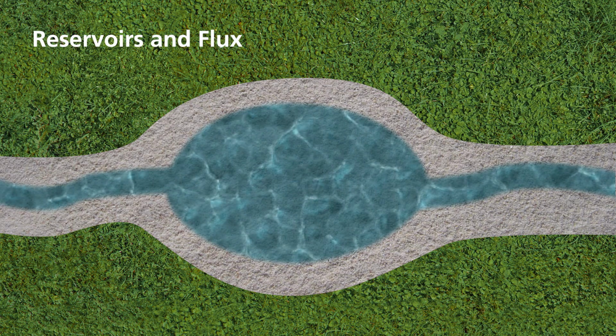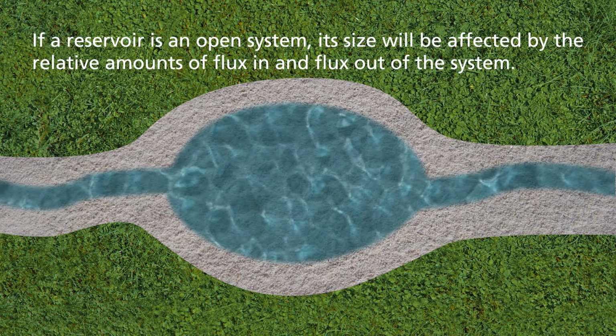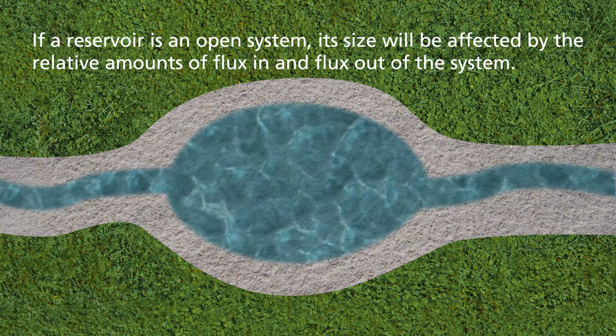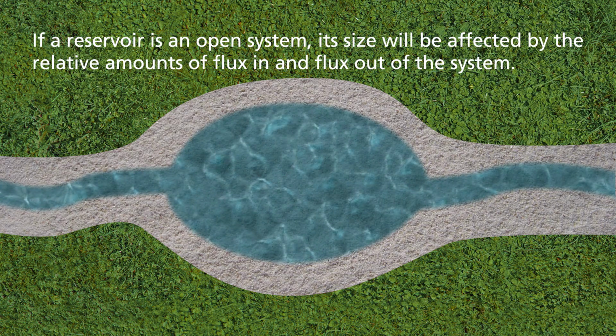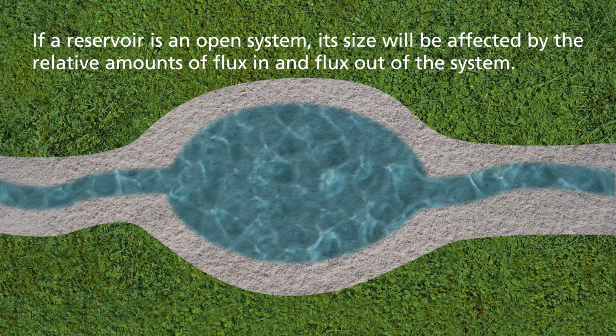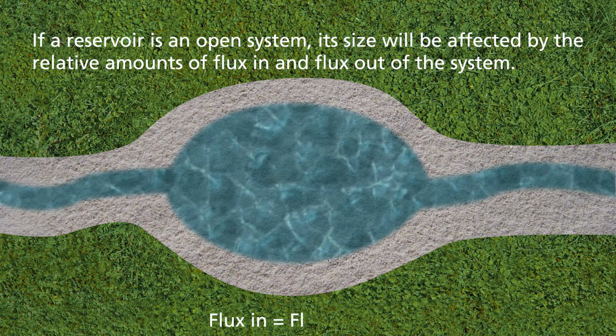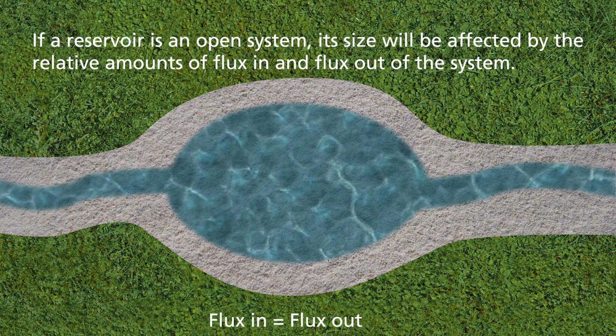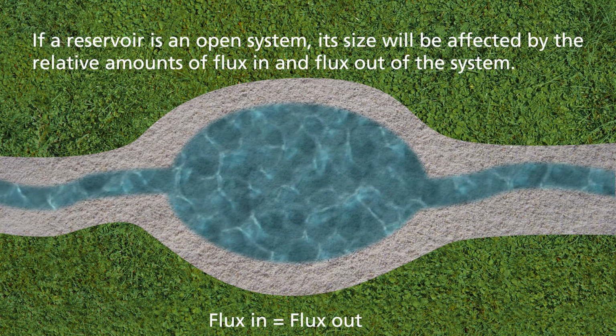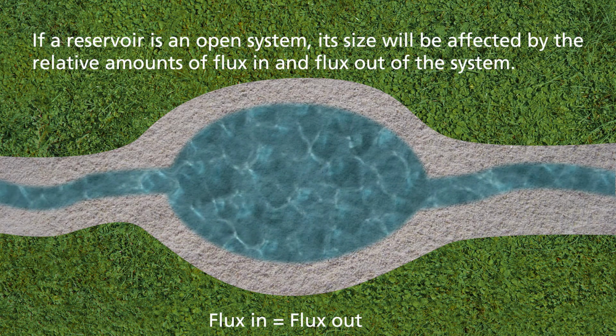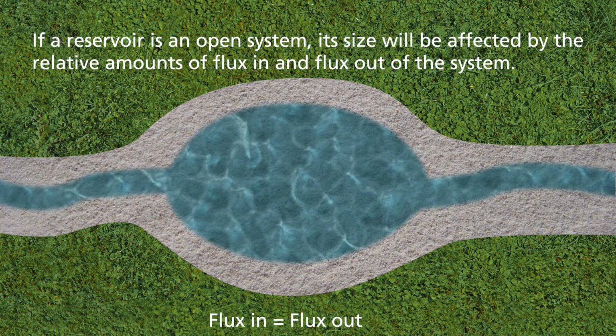We can see these four systems as a reservoir, and then we could also see it as a lake, affected by the flux in and the flux out of the system. If the flux in is the same as the flux going out, then this reservoir is considered to have a steady state.